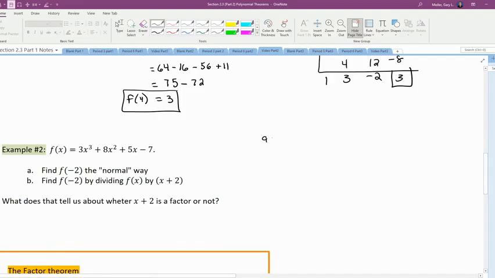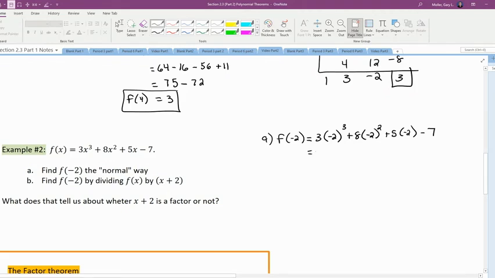So part A, f of negative 2 equals 3 times negative 2 cubed plus 8 times negative 2 squared plus 5 times negative 2 minus 7. And honestly, by the time I get done writing this problem down, I'd probably be done with synthetic division.